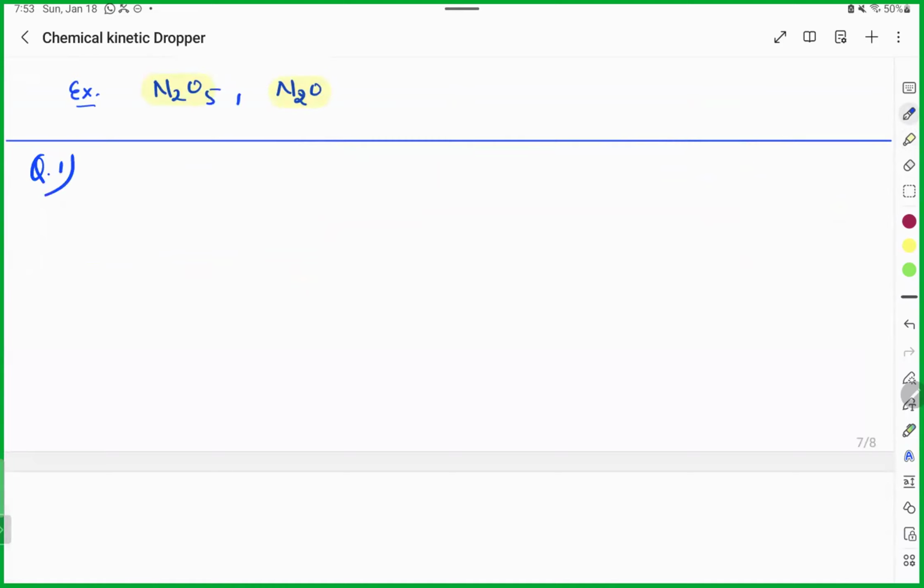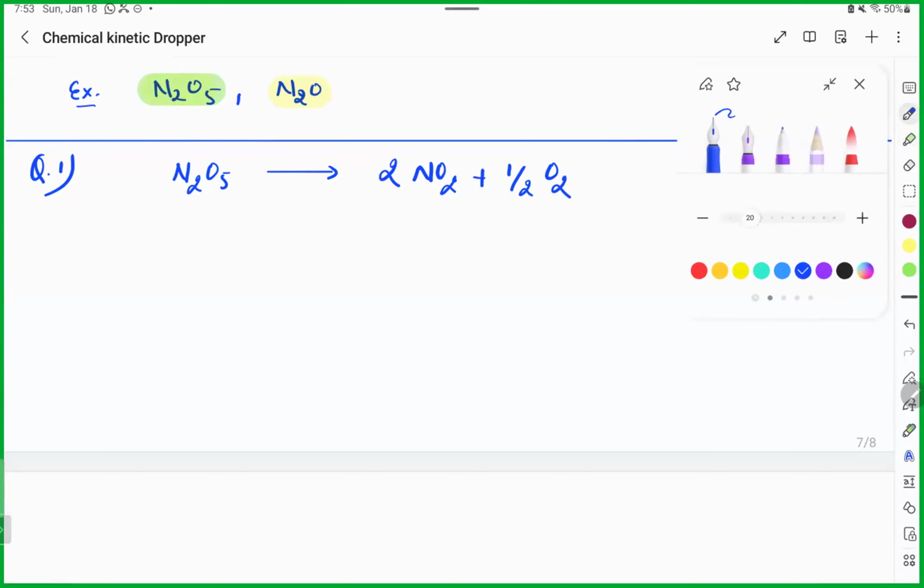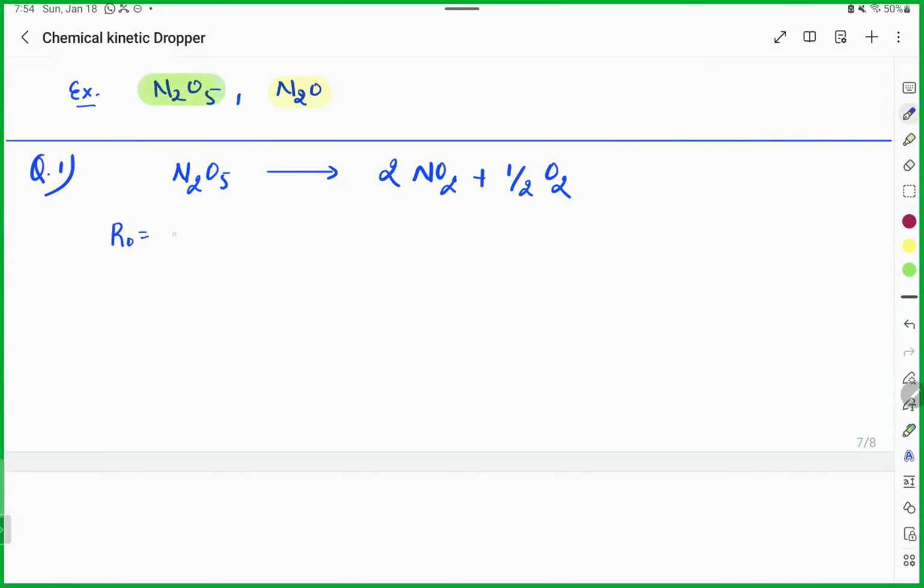So you have an equation where N2O5 converts into 2NO2 plus half O2. I told you this is a first order reaction, correct? See here, first order reaction, N2O5. In this reaction, the initial concentration of N2O5 is 1.24 into 10 raised to power minus 2 mole per liter.